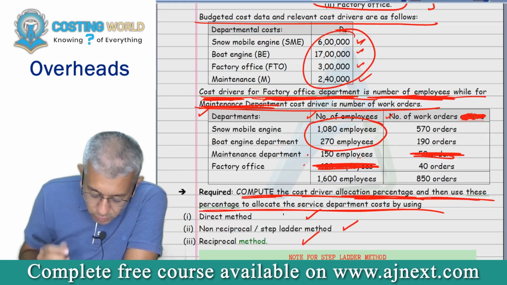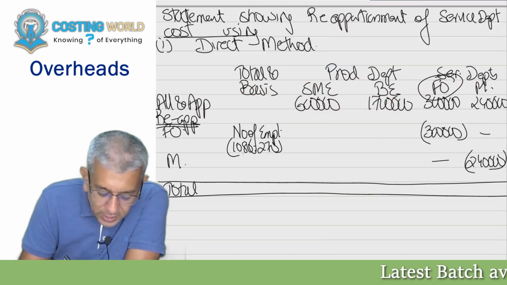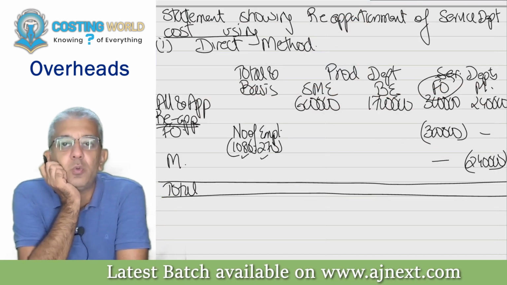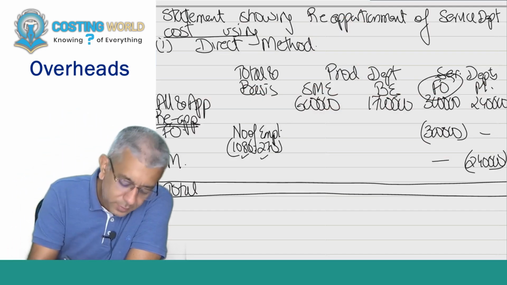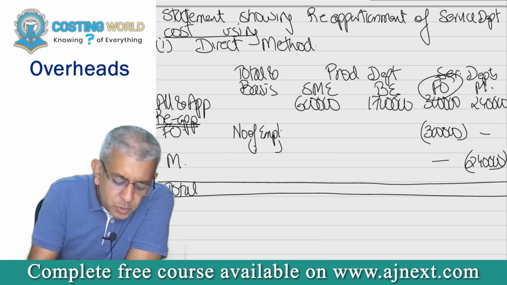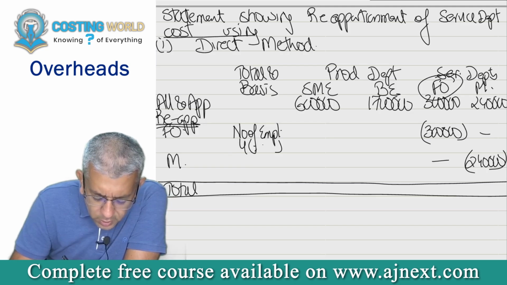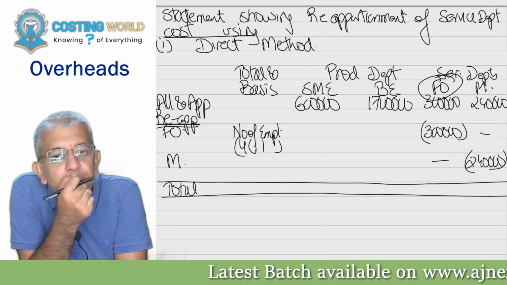Why? Because they have told you to compute the cost driver allocation percentage. One sec. Divide 1080 by 270. It comes to 4, no? Yes, sir. So can we say 1080 is to 270 is 4 is to 1? Is that okay?